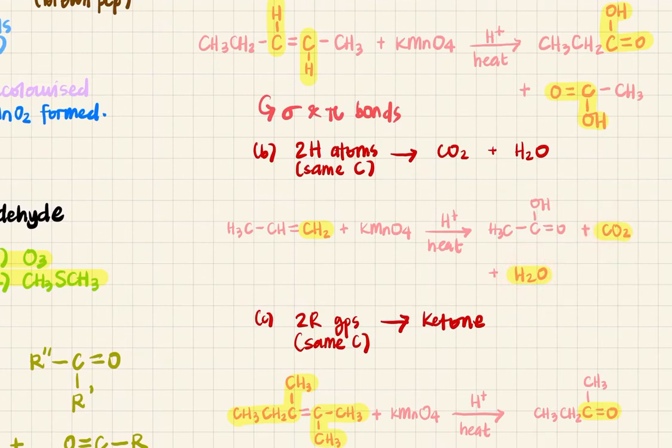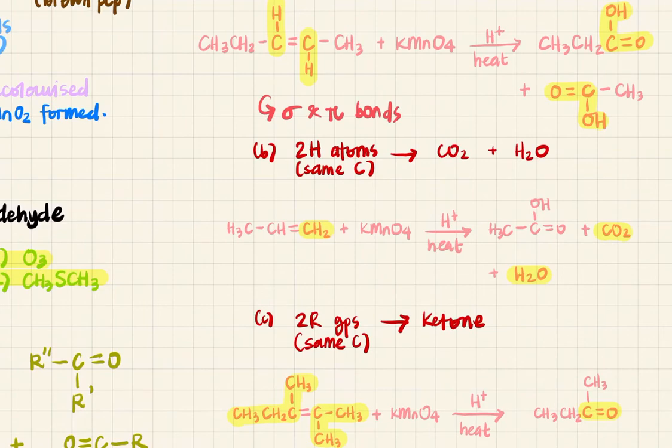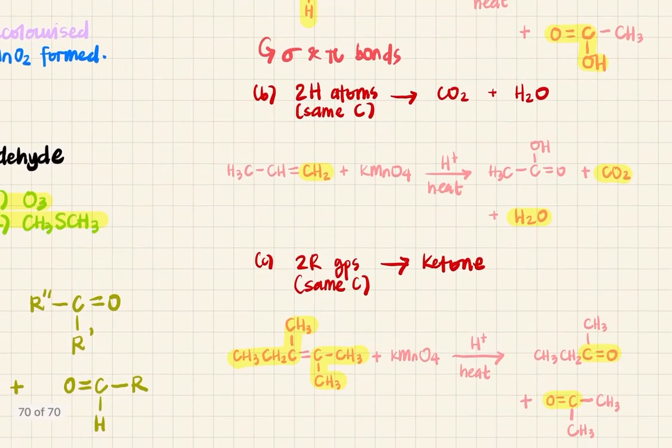Kenapa? Sebab bila potong ni kan carbon ni akan form double bond O. Okay, double bond O macam tu. Lepas tu H2 ni akan kena oxidize juga, so dia pun adalah oksigen, jadi H2O. Okay, senang je, bila dah practice senang je.